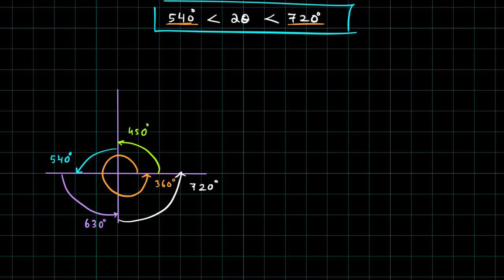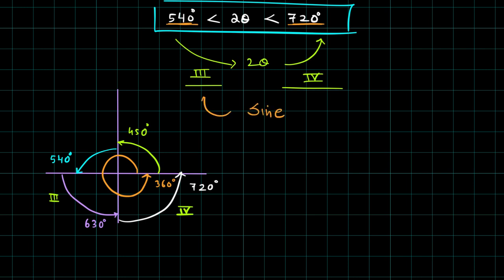So now my focus is on the third quadrant. My focus is on the fourth quadrant. So basically 2 theta lies in either the third quadrant or the fourth quadrant. Now in these two quadrants, sine is negative. So sine is negative in the third, sine is negative in the fourth quadrant.